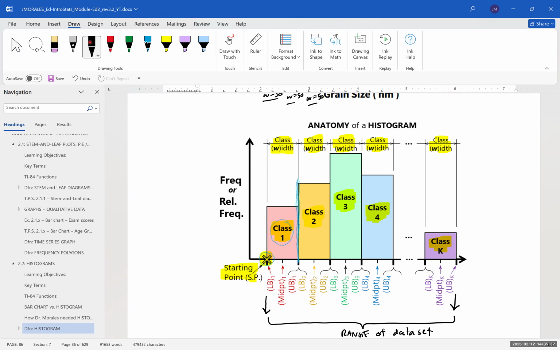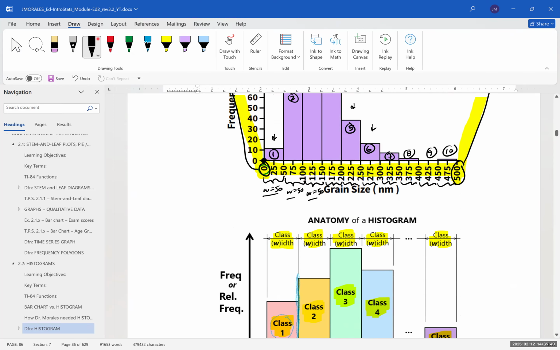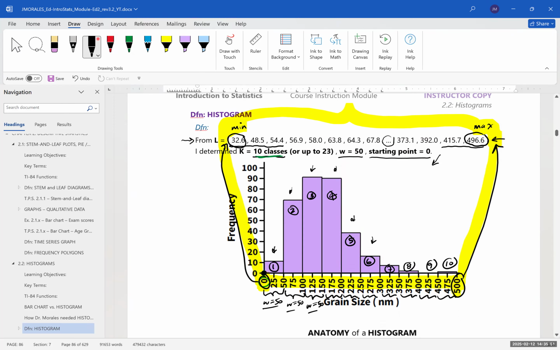So this horizontal axis here is going to be in the same units as our random variable. So for example, up here, each of these measurements were in nanometers.